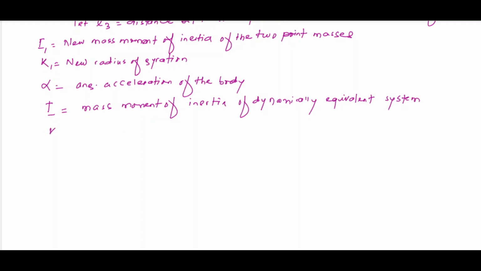K is the radius of gyration of the dynamically equivalent system.